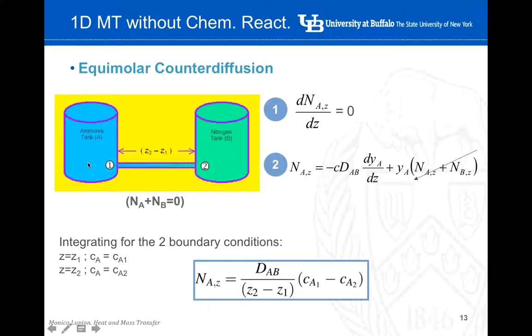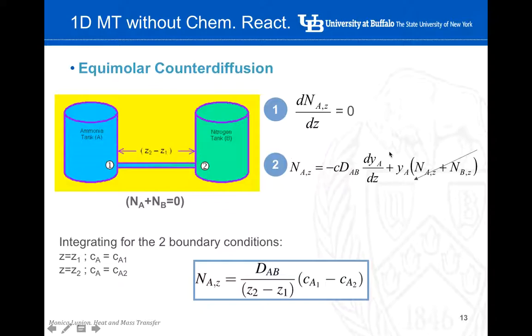So if there is a tank of ammonia and a tank of nitrogen, and there is a mass transfer between the tanks, the transfer will be 1 molar of A per 1 molar of B. If you apply this concept of equimolar counterdiffusion to the Fick rate equation, this term here will be equal to 0. So we can just simplify the Fick equation.